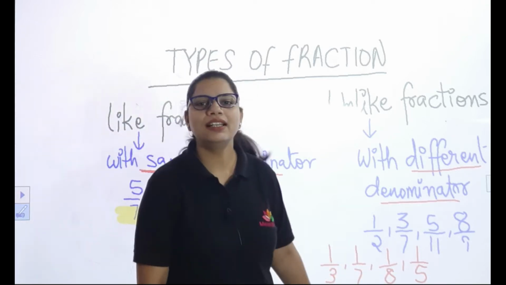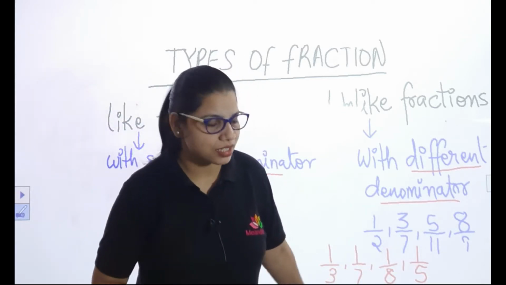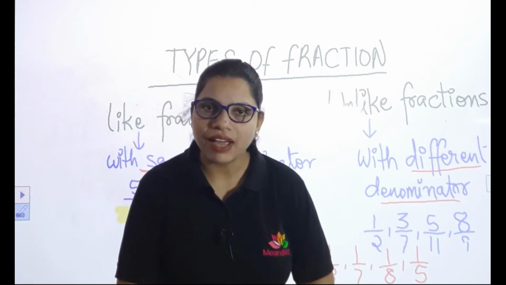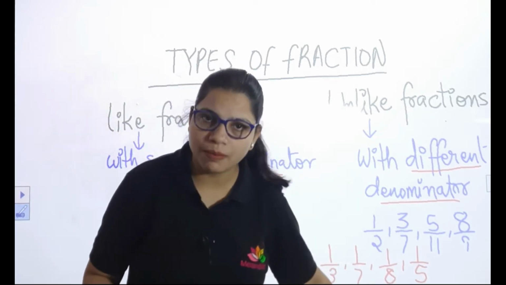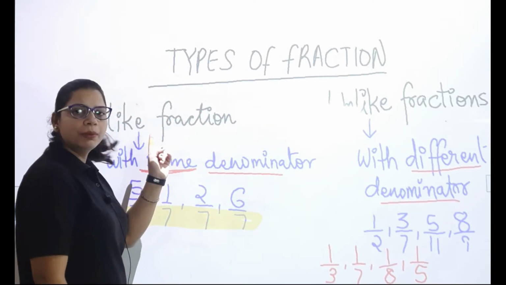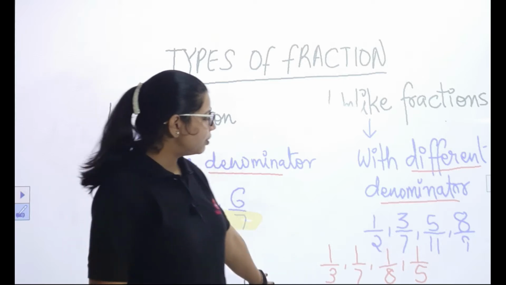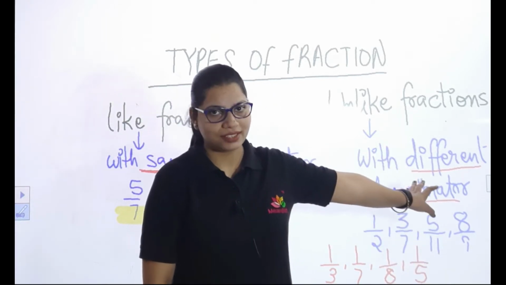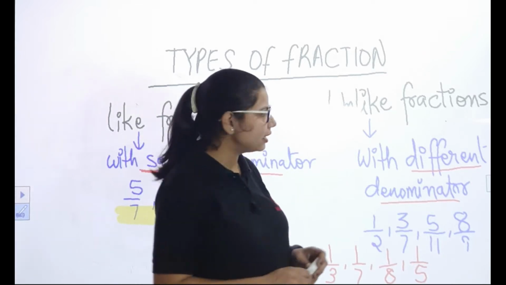Numerator doesn't have any power of decision. The deciding factor is the denominator. If denominators are the same, it will be like fractions. If denominators are different, they all will be unlike fractions. Got it? Like and unlike.